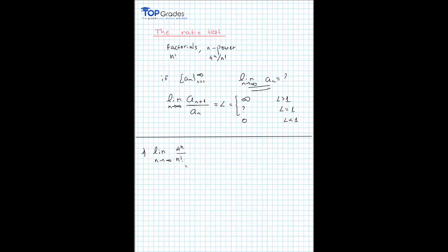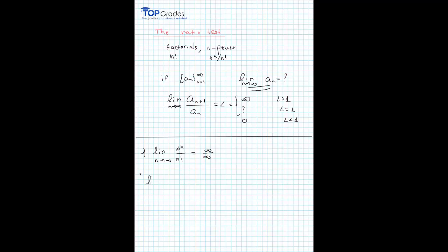When I see a factorial, I start to think about the ratio test, because we don't have any algebraic operations with factorials, so it may be a ratio test. First of all, we plug in infinity. We get infinity divided by infinity factorial. Of course, it's a very big infinity. So this is infinity divided by infinity. So we try to do a ratio test.